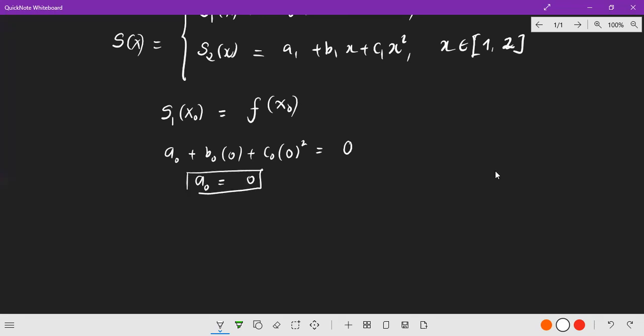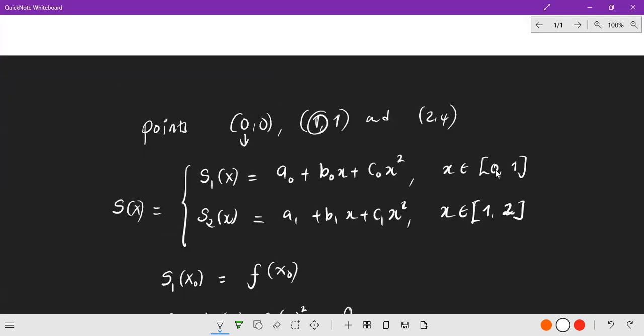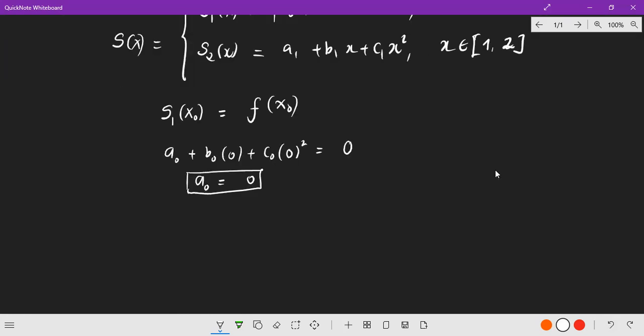Next, we also have to evaluate the same function. Remember, this equation is connected to 2 points, this point and this point. So I have to evaluate this function at the next point as well. S1 at the next point, x1, should be equal to f of x1.